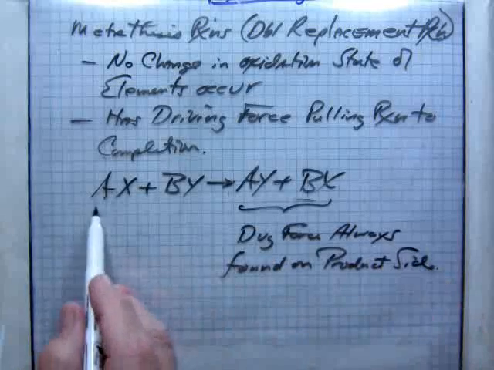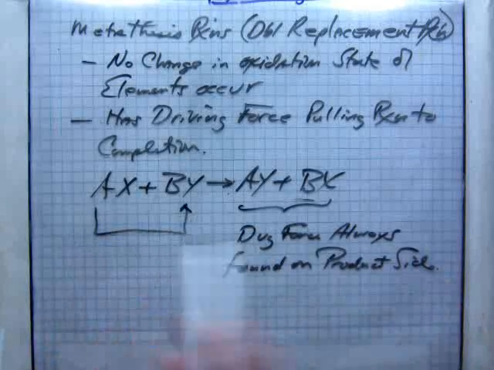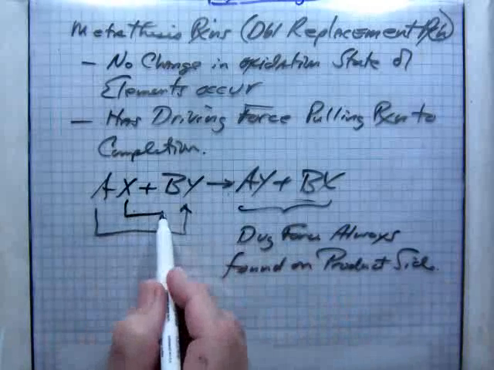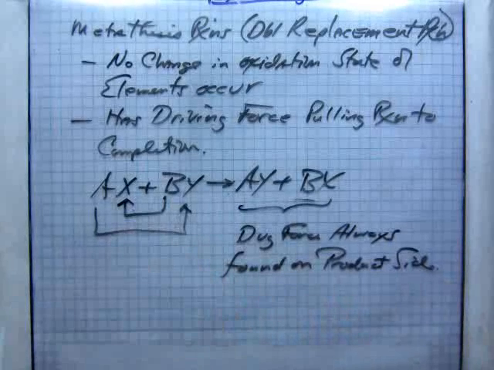And one of the reaction components, or the products, is the driving force. But if you look, A is now hooked up with Y, AY, and X hooks up with B. Like that.